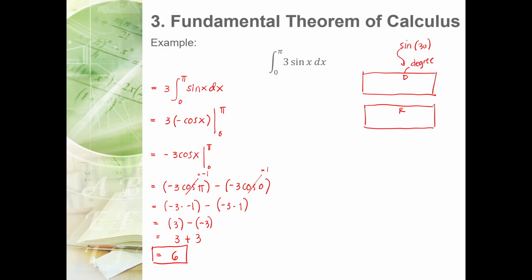So muna siya in degree mode. So if you're dealing with pi symbols, the mode should be in radians. So yung button na is shift setup lang. Shift, then plus setup. Then I think it's number 4 in the calculator.